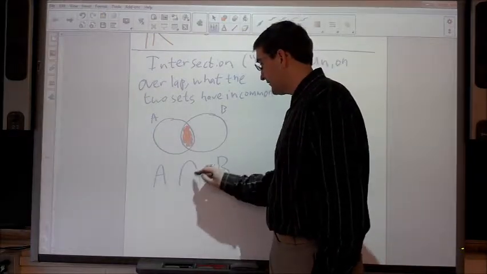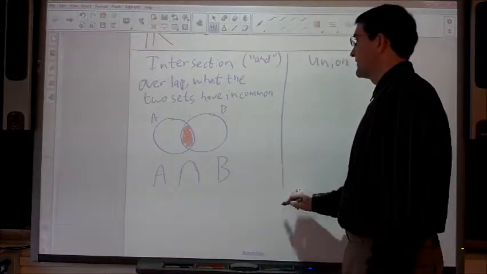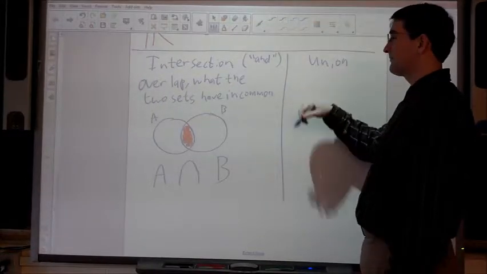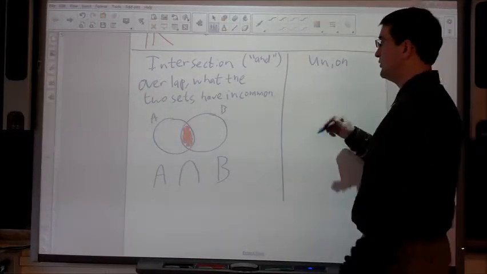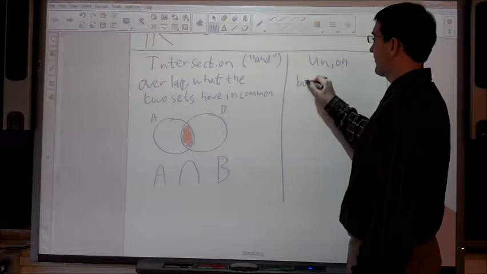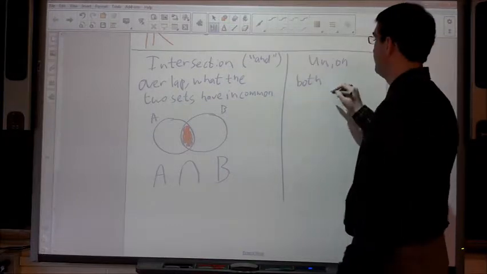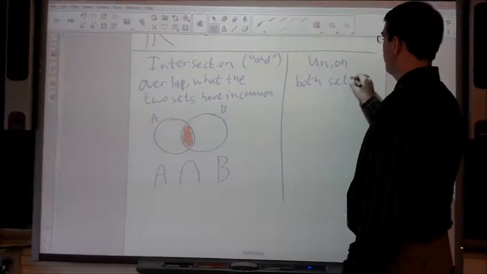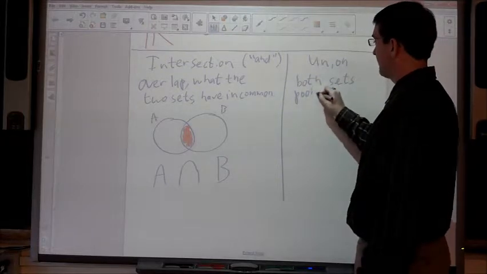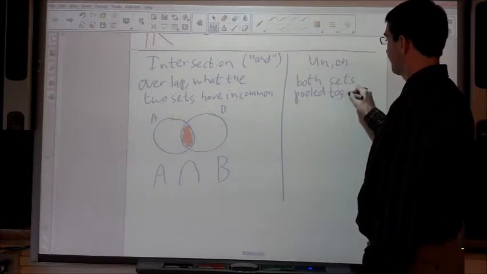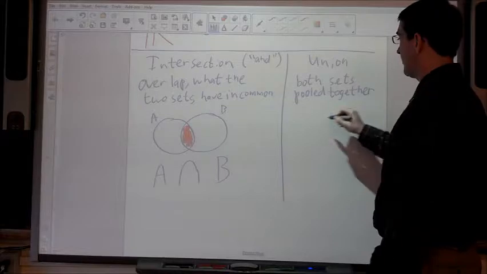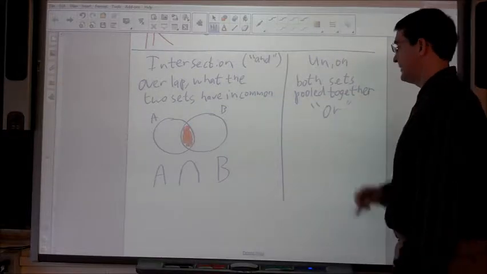Now, the union, on the other hand, is basically everything pooled together. Both sets, or more if there's more than two, pooled together. So it's the or, in a way.